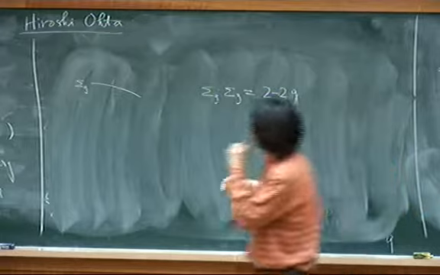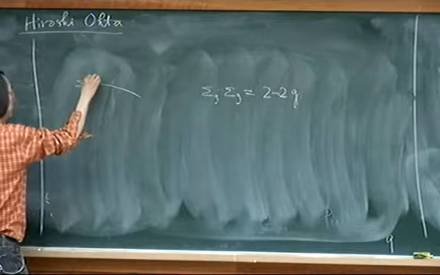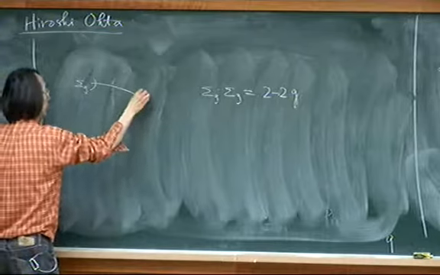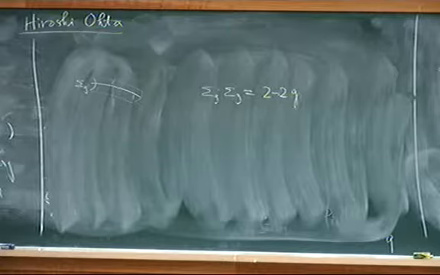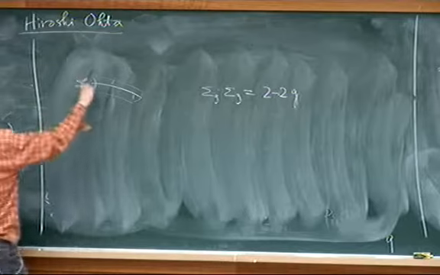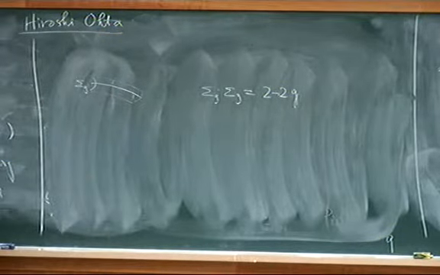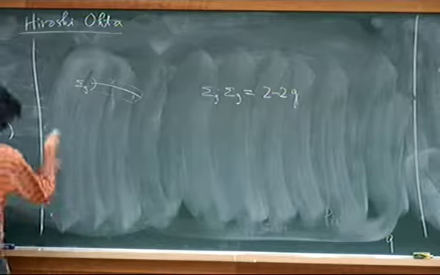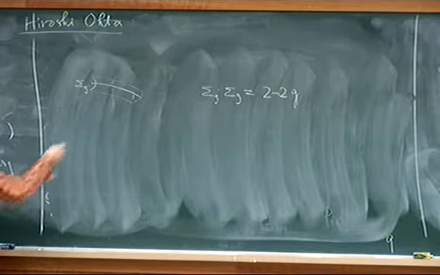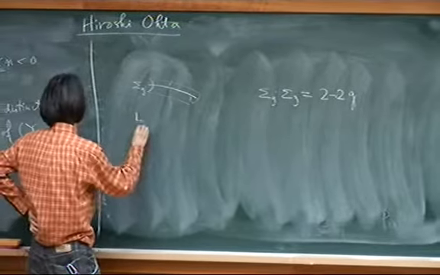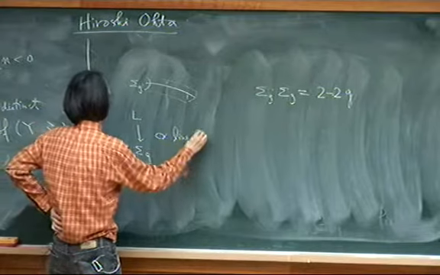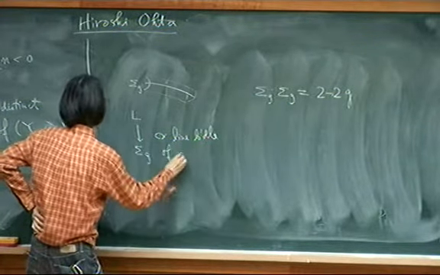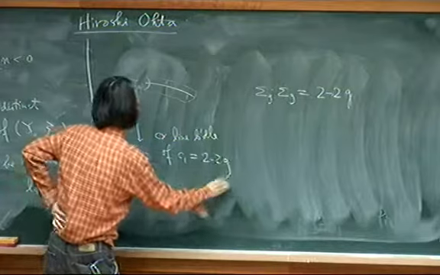We already mentioned, if you consider the disk bundle of this, so let L be a complex line bundle of first Chern class equal to this 2 minus 2g.